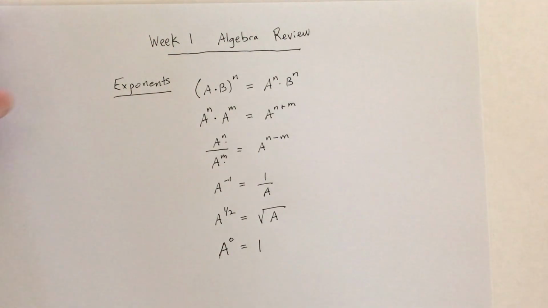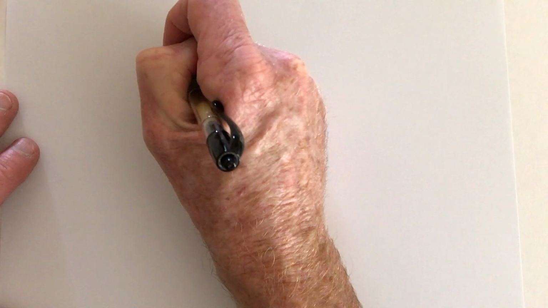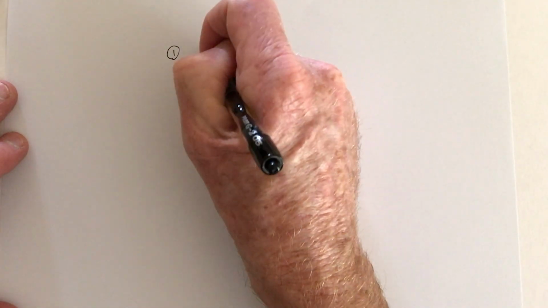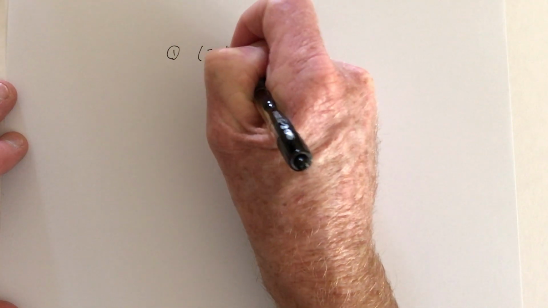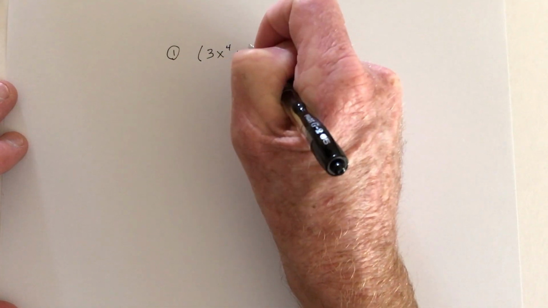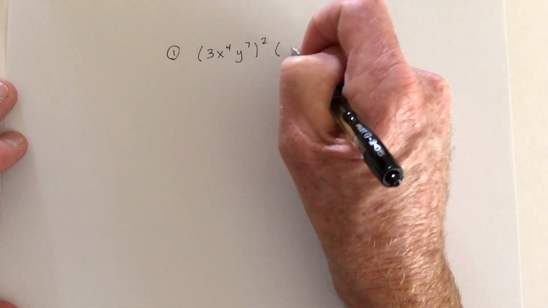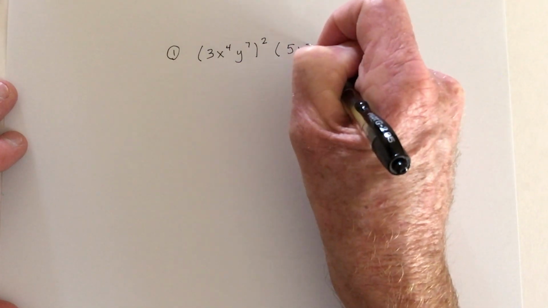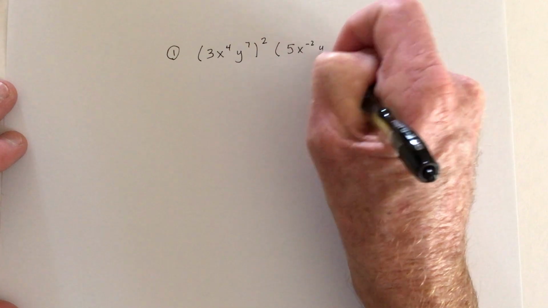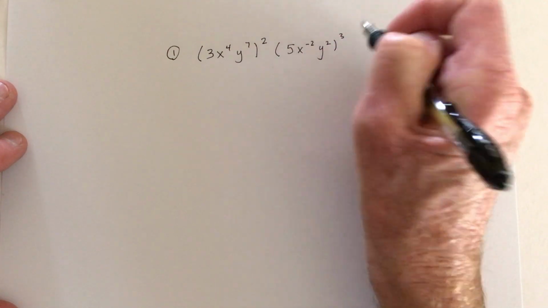Okay, then for some examples with these exponents. So for example number 1, suppose that we have 3x to the 4, y to the 7, all of that is squared, and 5x to the negative 2, y to the 2 is being cubed.